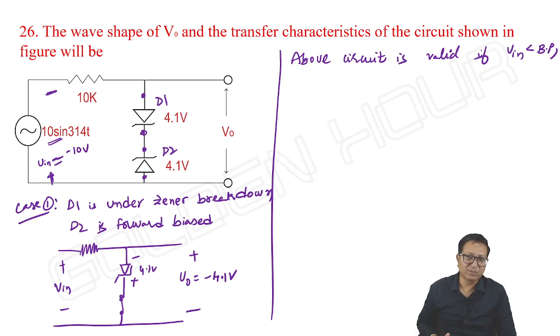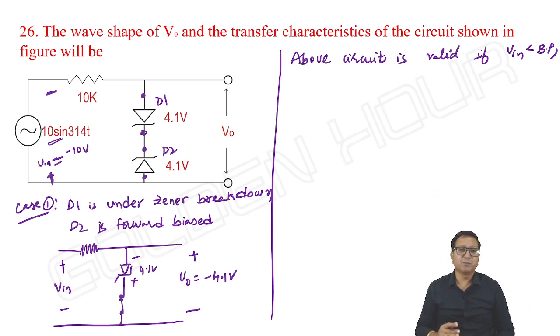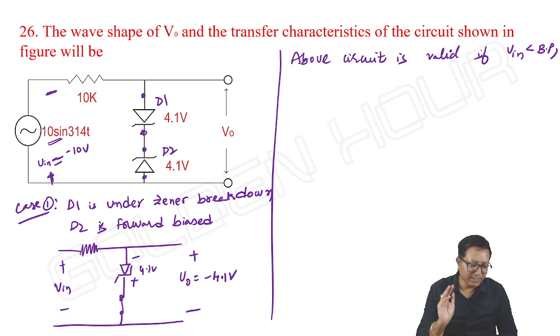If input rises above breakpoint 1, because you are always changing the input from negative peak to positive peak, input going above minus 4.1 volts, means maybe minus 4, minus 3.9, minus 3.8, minus 3.5, minus 3, minus 2, like that, then D1 is coming out of breakdown. As D1 comes out of breakdown, it acts as open circuit and there is no scope for D2 to be forward biased.